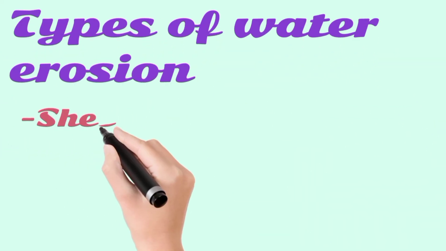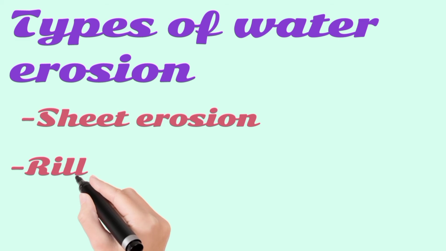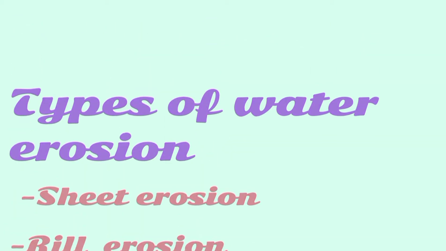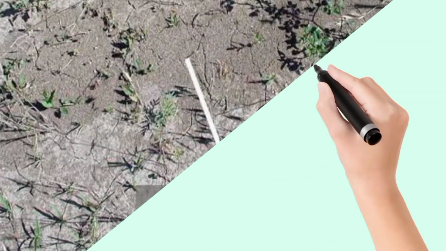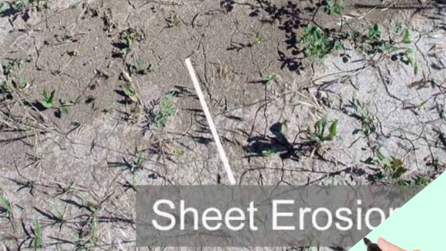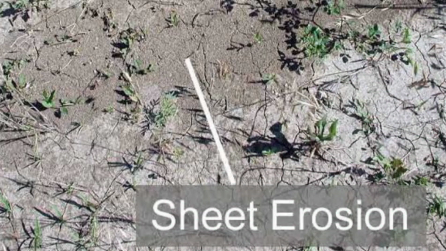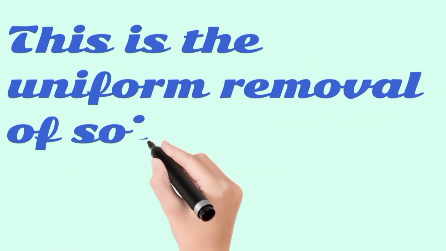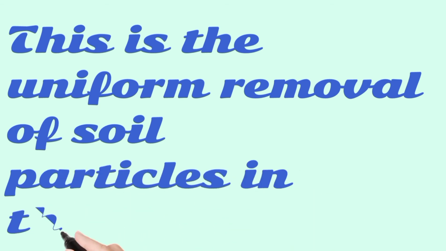Water erosion occurs when the topsoil is being washed off by water. The different types of water erosion are sheet erosion, rill erosion, and gully erosion. So let's quickly look at the very first type of water erosion, which is sheet erosion. Sheet erosion occurs when the particles of the soil are uniformly removed from the surface.